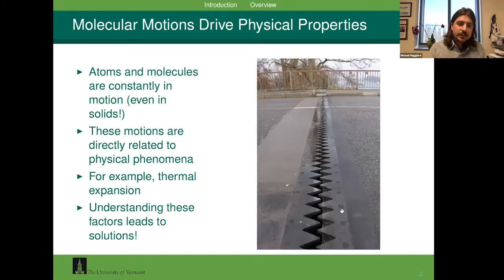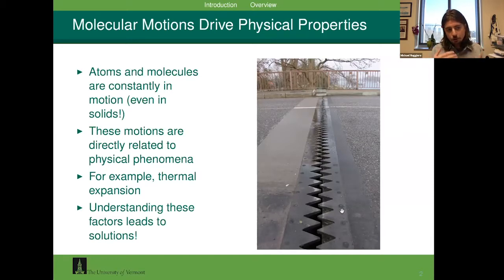If you understand the fundamental atomic level phenomenon, so what's happening, how much the atoms' intermolecular distances are changing as a function of temperature, you can start to predict things like how much expansion or contraction there'll be as a function of temperature.